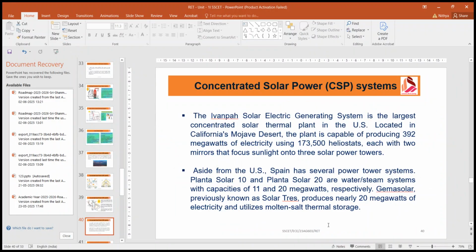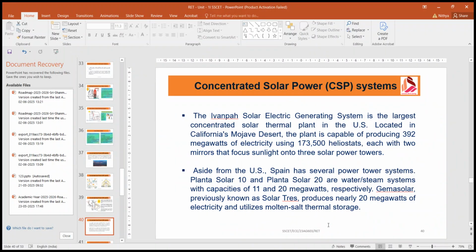CSP systems are mostly located in the US, in California's Mojave Desert, where the plant is capable of producing 392 megawatts of electricity using 173,500 heliostats, each with two mirrors, focusing sunlight onto three solar power towers.